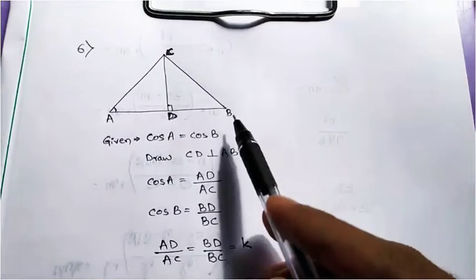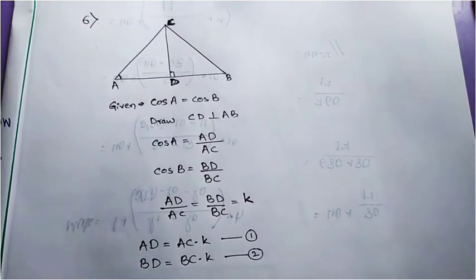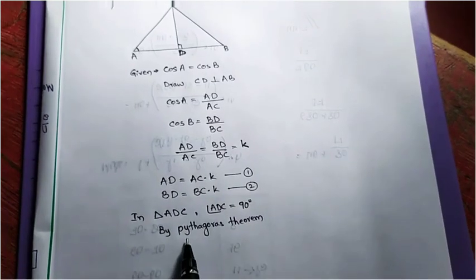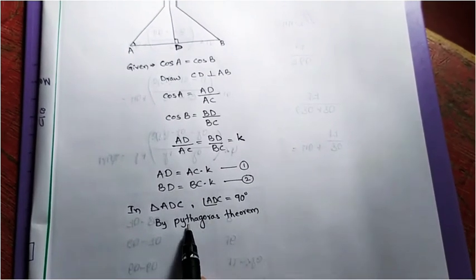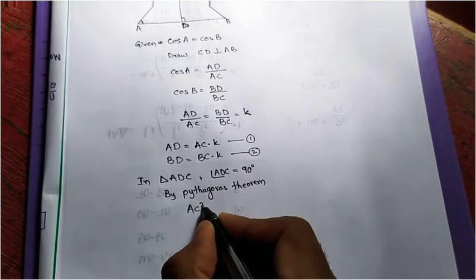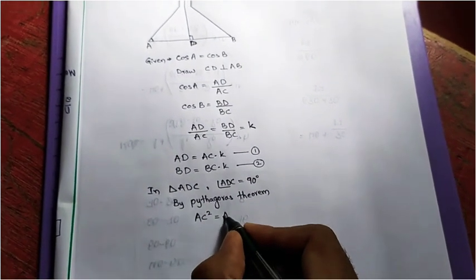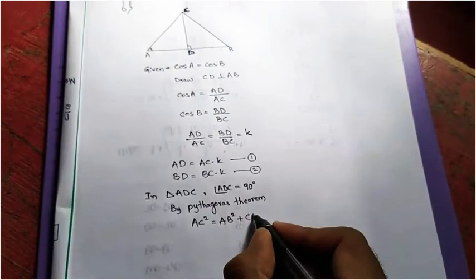ADC and BDC. If we apply Pythagoras theorem on both sides, in triangle ADC, angle ADC is 90 degree. By Pythagoras theorem, AC square equal to AD square plus CD square.